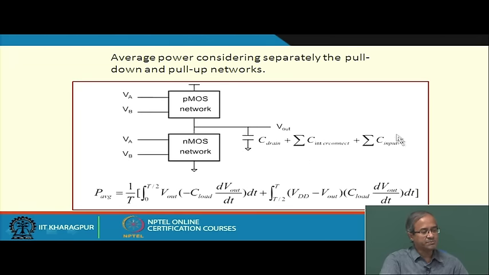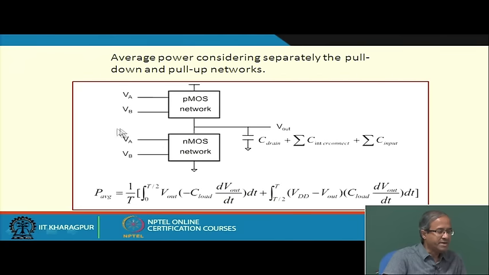The sigma C input is the load capacitance due to driving the gates of the other transistors. There can be the parasitic capacitance of the interconnects, this long interconnection line, and also the drain capacitance of the local transistors. The sum total of all of these will be the effective load capacitance that the output will be driving. And this is a simplified equation.